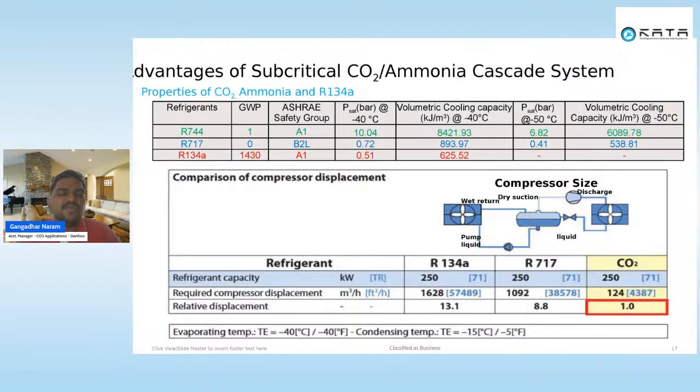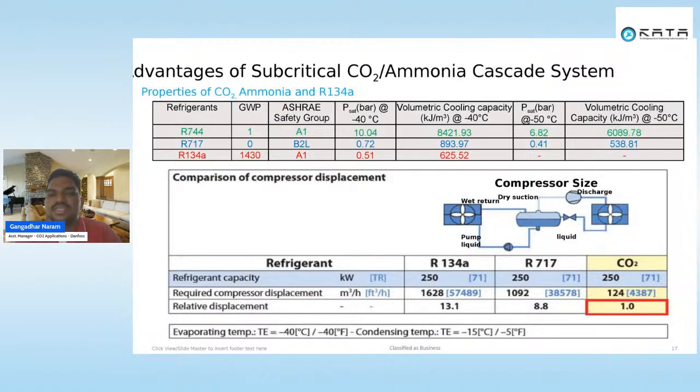You can also see the advantages of the subcritical CO2 ammonia cascade system. As we discussed, the GWP is one, and it is an A1 refrigerant. Look at the pressures and the volumetric capacity, and you can see the difference. The volumetric capacity is nearly 8,421 kilojoules per cubic meter for CO2, whereas for the other refrigerants it is 893 and 625.